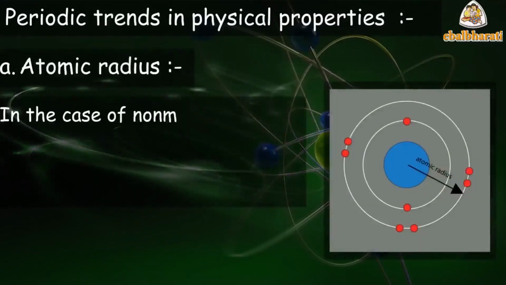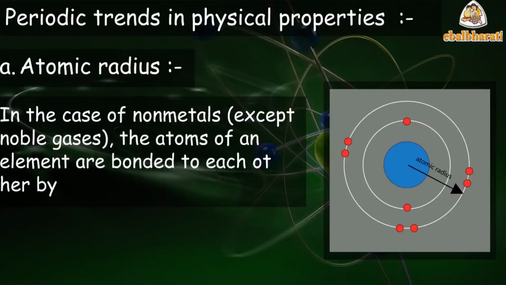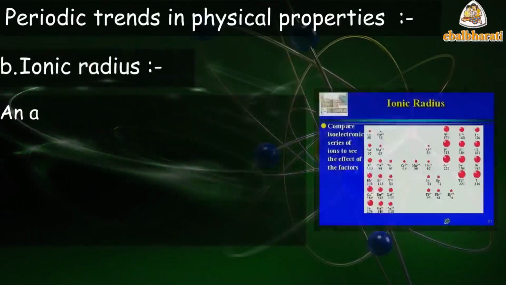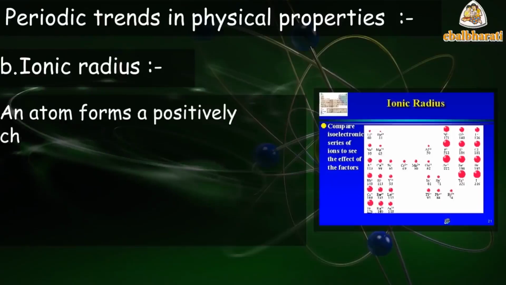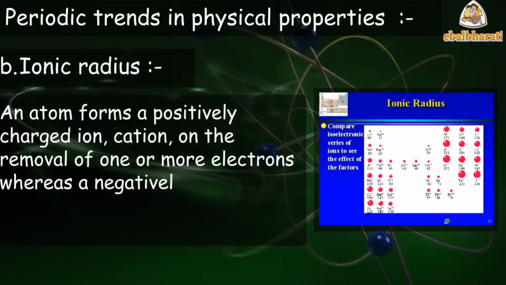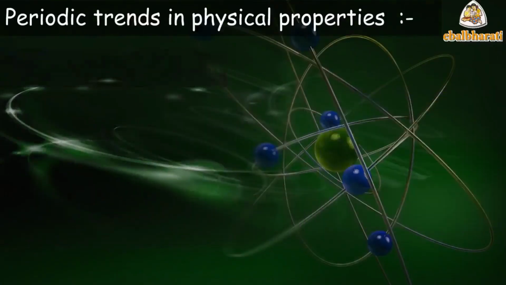In the case of nonmetals, except noble gases, the atoms of an element are bonded to each other by covalent bonds. Ionic radius. An atom forms a positively charged ion, cation, on the removal of 1 or more electrons, whereas a negatively charged ion or anion is formed with the gain of 1 or more electrons.